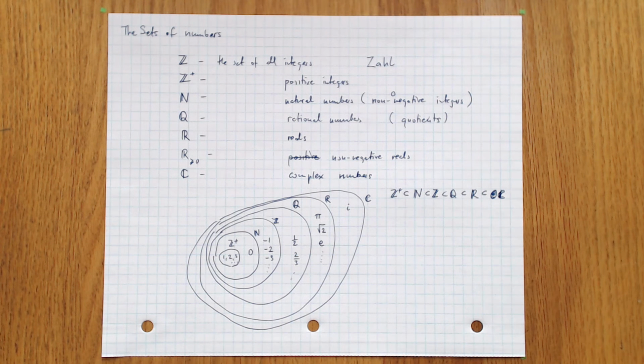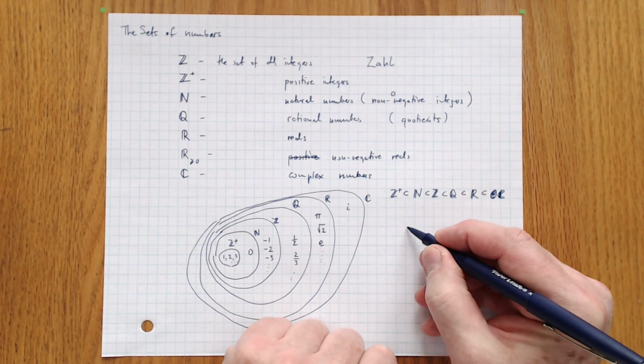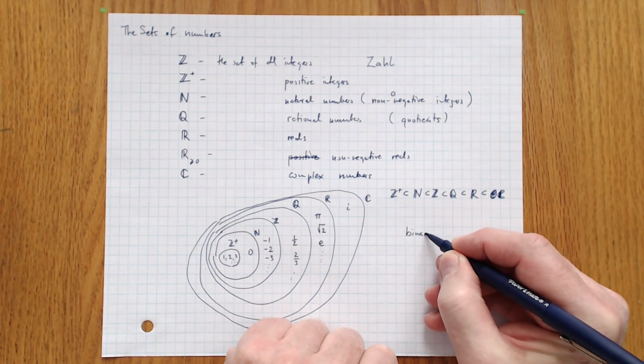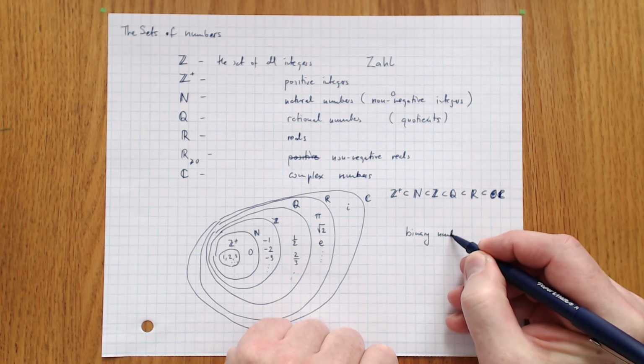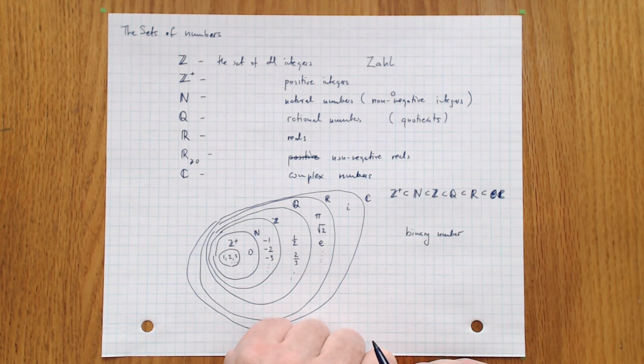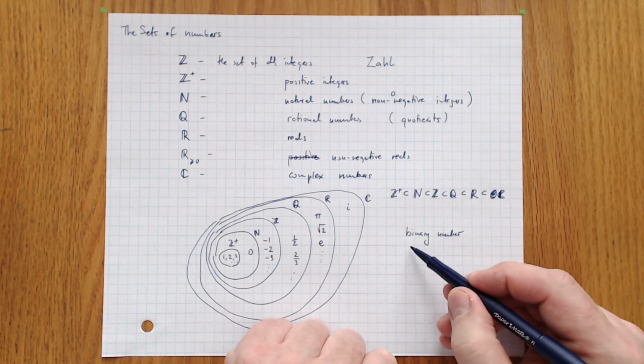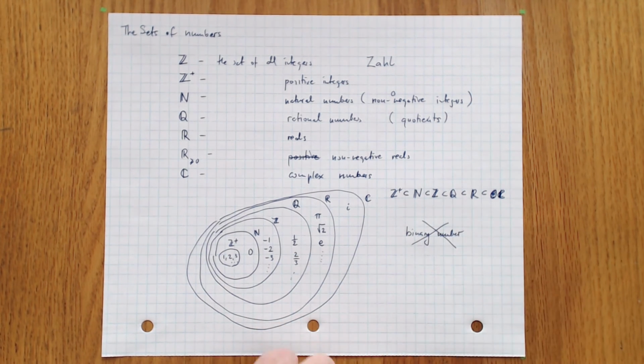And one more remark. Sometimes we hear a phrase, a binary number. Strictly speaking, however, there is no such a thing as a binary number.